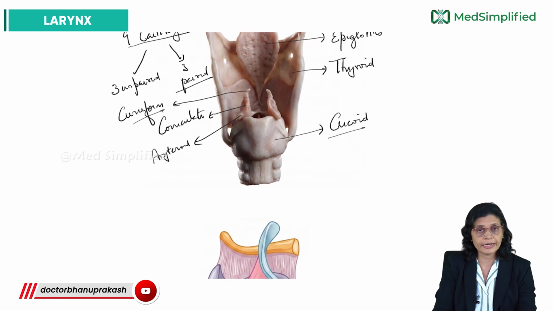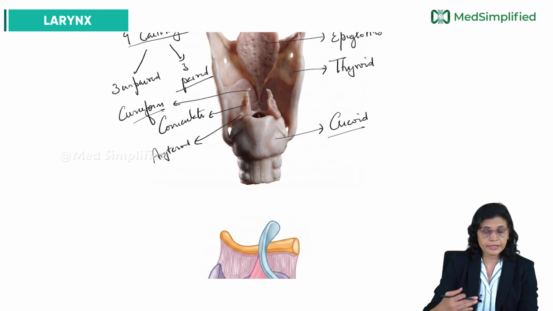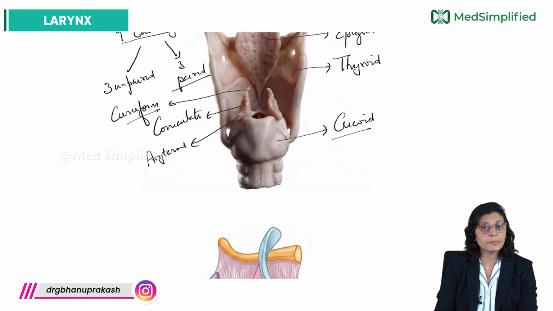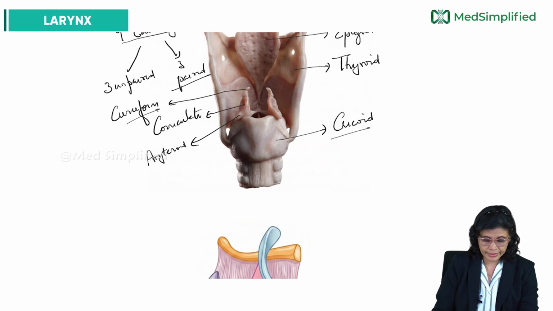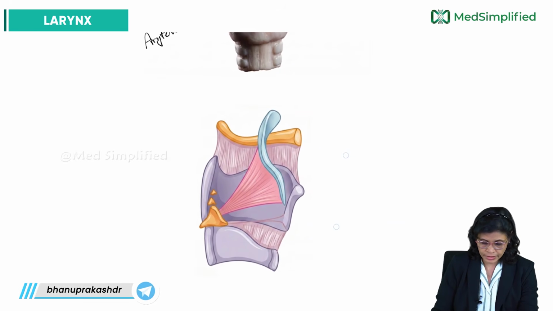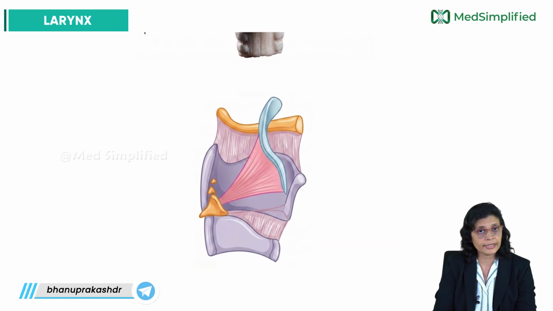On the top of the arytenoid there will be the corniculate and the cuneiform. So we have 3 paired and 3 unpaired cartilages. Usually when we talk about the principal cartilages of the larynx, we talk about the cricoid, thyroid and the two arytenoid cartilages.